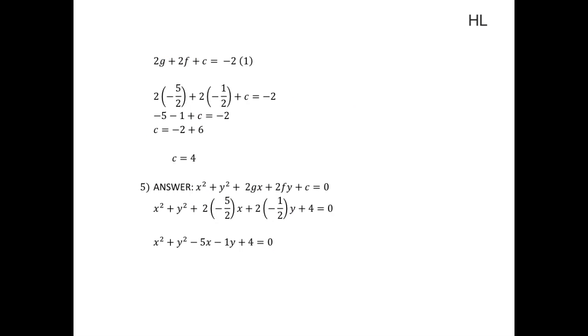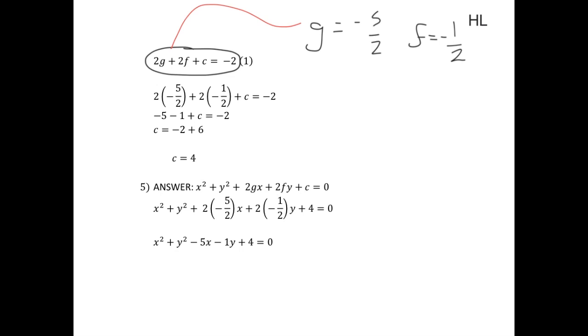So from our last slide, we had g is equal to -5/2, and f is equal to -1/2. If we look at one of our equations, say equation 1 here, we can take our value for g and put it in where we have g, and our value for f and put it in for f.